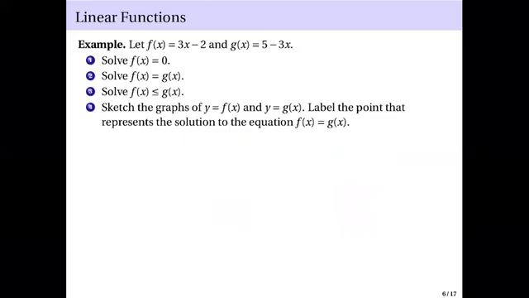So let us say this is your Cartesian plane. This is your x, this is your y. I think I need to adjust this. So let me adjust this.